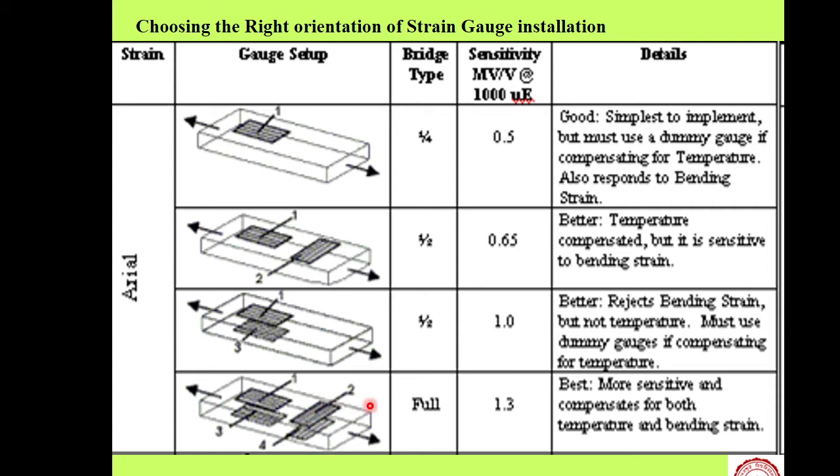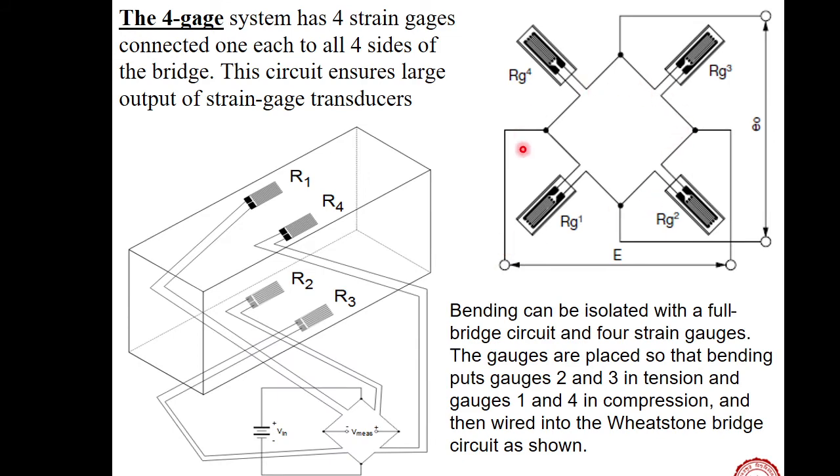So now what happens? These 2 and 4 are fitted in the transverse direction. So what would be the strain here? It is negative strain, because minus nu into epsilon, nu being a positive value. So that way we can fix them in this 4 element gauge.